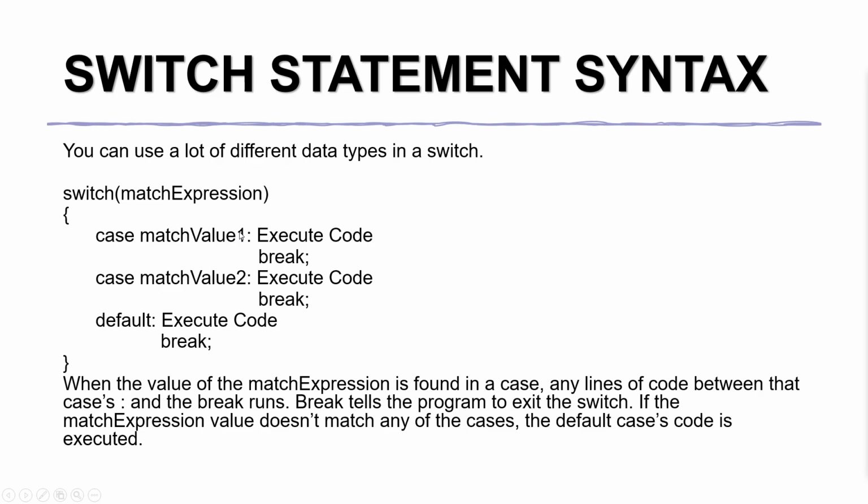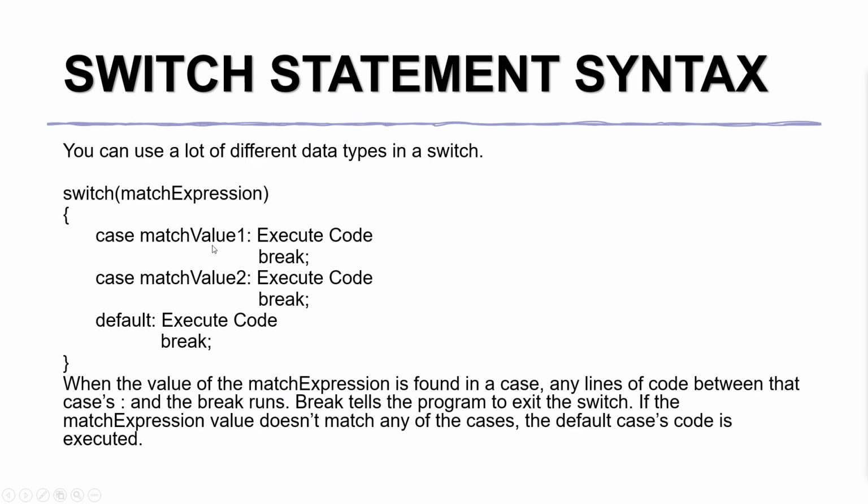If we have a number, we could write case 1, the colon, and then our code to execute. So if it's equal to 1, what do we do? And it'll run the code, and then you always write break afterwards so that it doesn't fall through to the next one. Because if we forget the break in here, we're going to keep executing code until we hit a break.